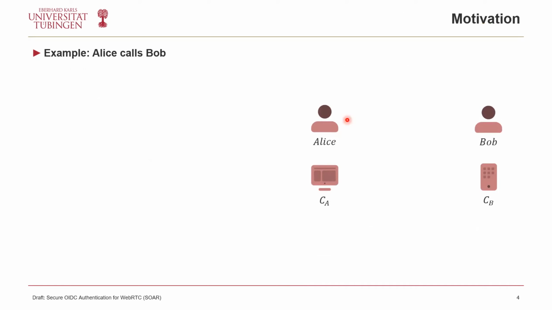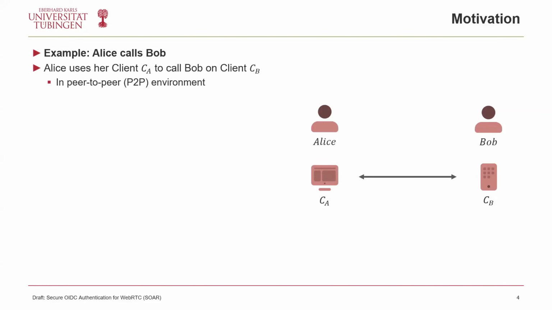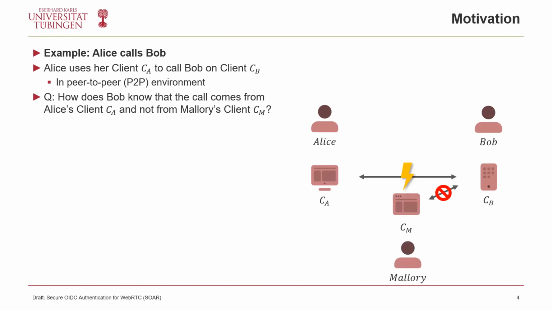Let's take this example. Alice wants to use her client A to establish a peer-to-peer connection to Bob on client B. And this should be a direct connection with no other server which relays something or stuff like that. So now the question is, how does Bob know that this call or the client which he's communicating with is the client of Alice and not the client of, for example, Mallory?